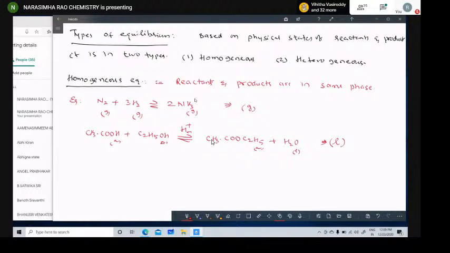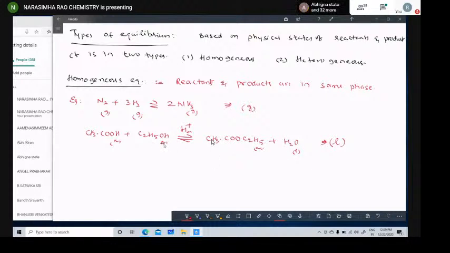Children, it's clear? Yes, sir. Reactants and products should be gaseous, sir? Single phase means they should be either in the gaseous state or in the liquid state.